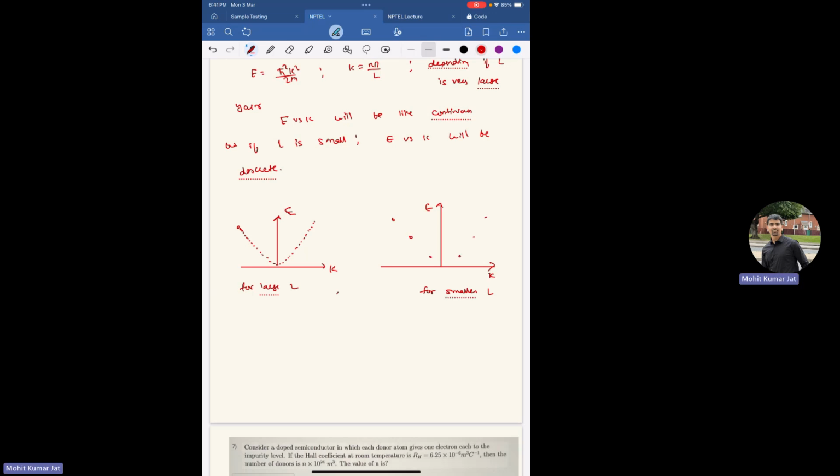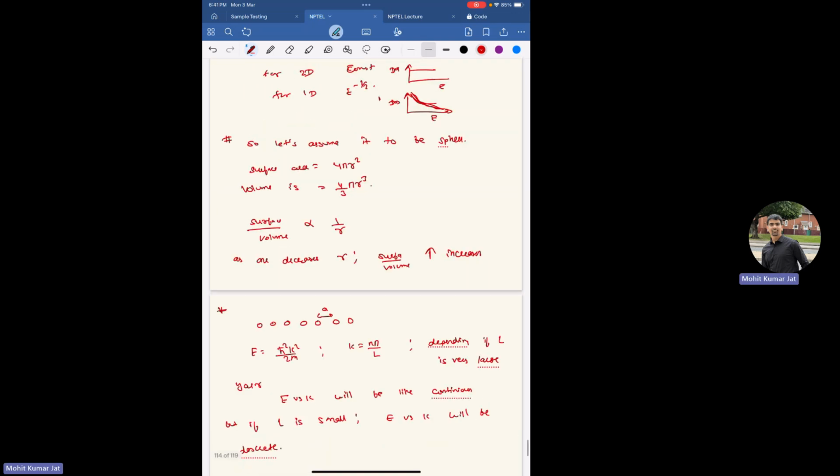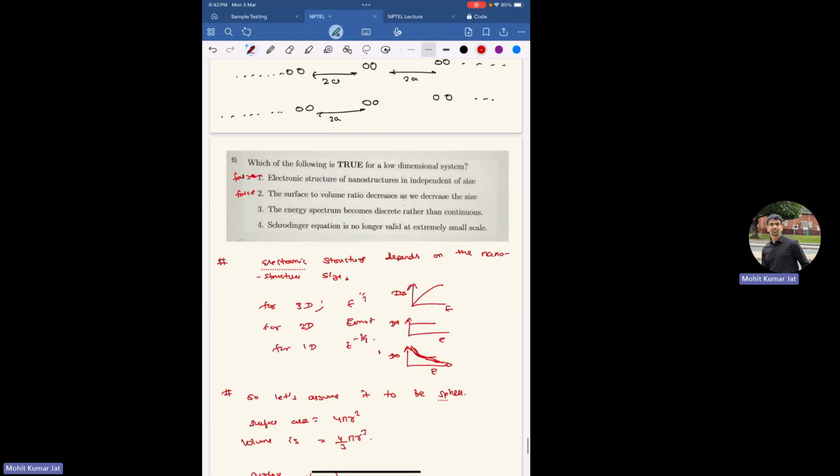So discreteness increases as L decreases. It becomes more visible. That's what it means. The energy spectrum becomes discrete rather than continuous. Yes, this is true.